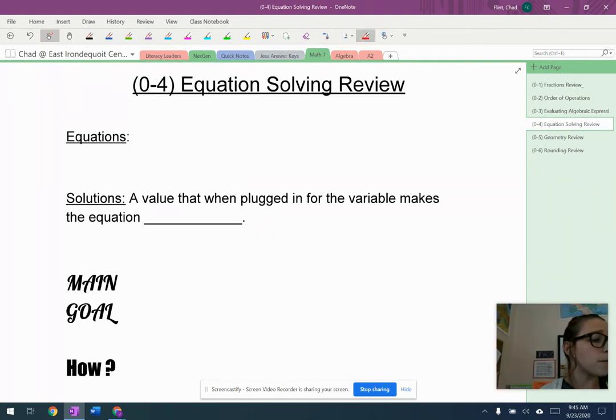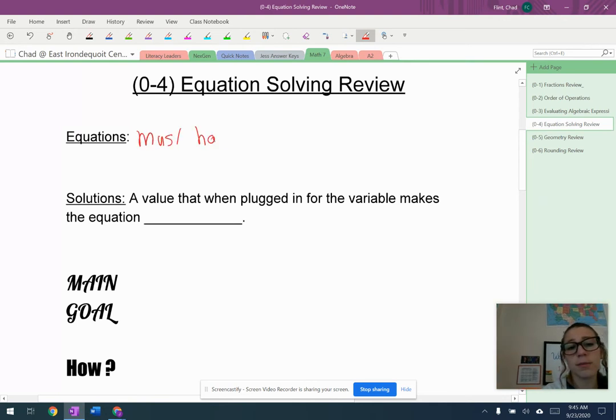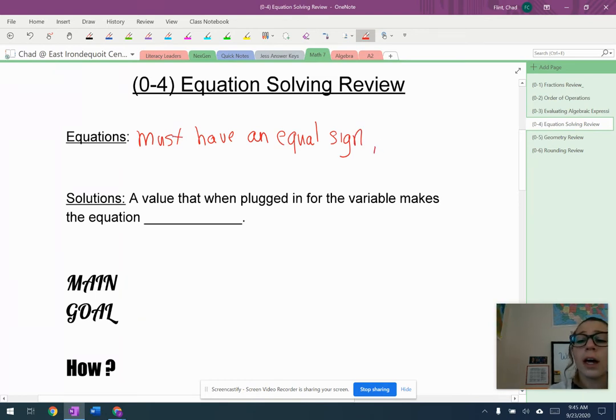Okay, so a little bit of vocab first. Equations, obviously different from an expression. An equation must have an equal sign. And equations can be made up of all sorts of things.